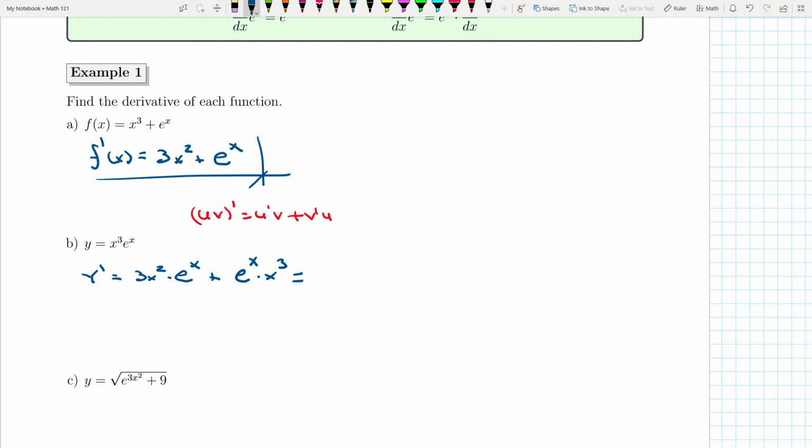However, we can simplify this a bit further. Notice that we have a greatest common factor of x squared and e to the x. If we factor this out, we're going to be left with 3 plus x. So that's the final answer.